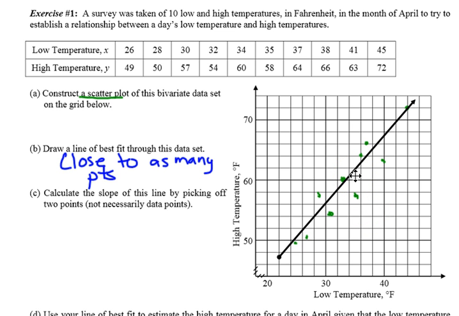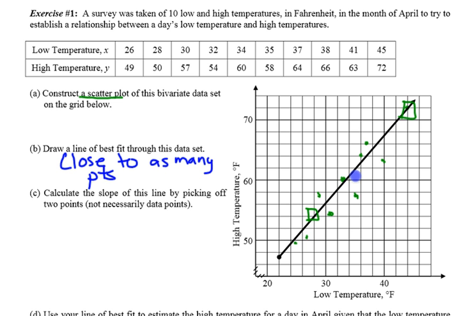Now they want us to calculate the slope of the line by picking 2 points, and they don't have to be data points. You're going to look for where it crosses a line. So right there, and it looks like I can maybe get another one right up about here.